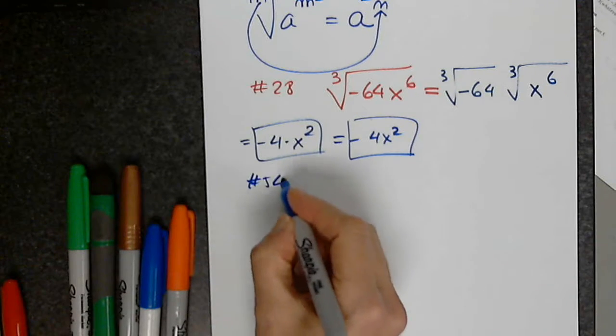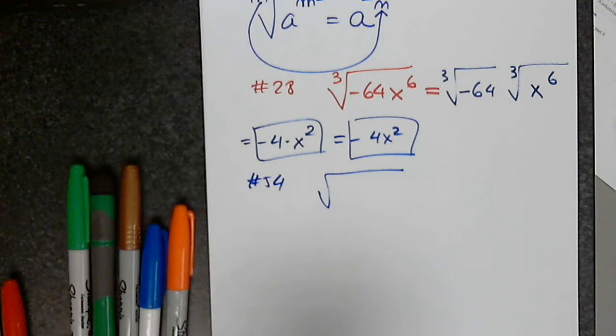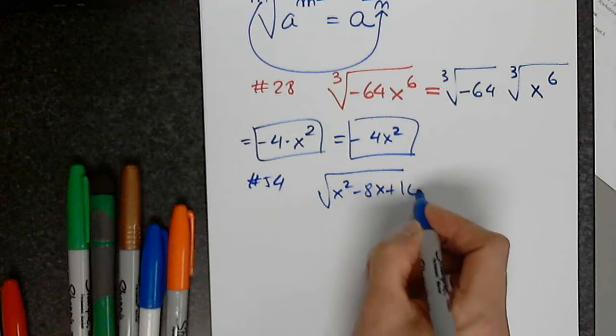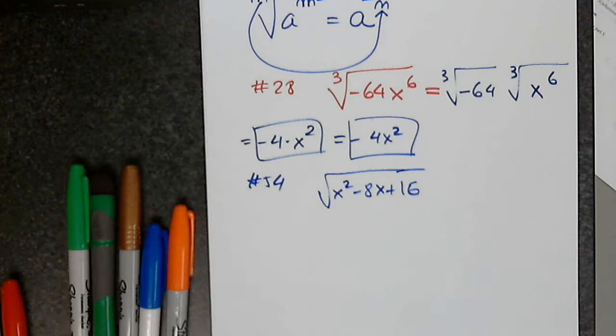We had problems like this one, so let's look at one anyway. 54. So this is the square root of x squared minus 8x plus 16. And all I can say is that we have a contract. Signed a long time ago. I look at the index. What is the index?